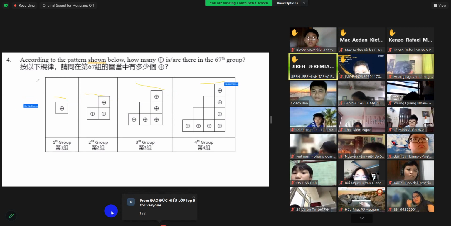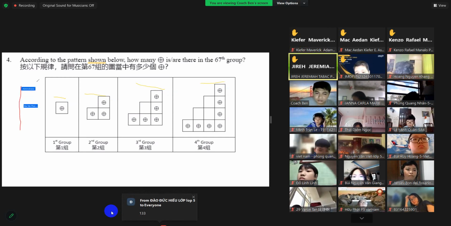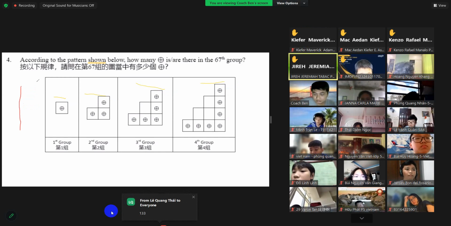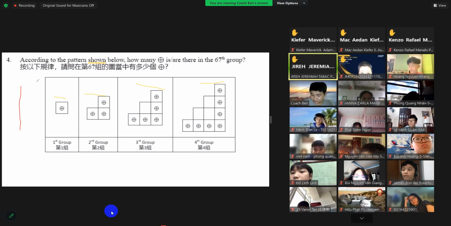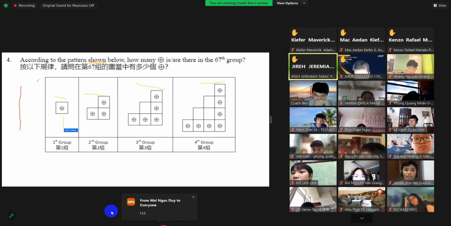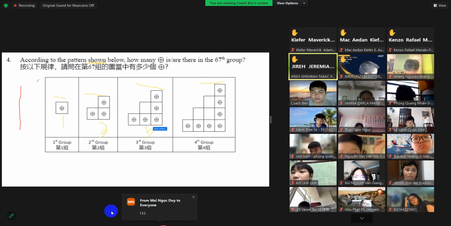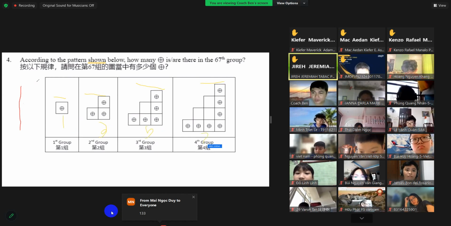So what you're gonna do is, the 67th group is an odd number because the symbols here are 1, 3, 5, and 7. Okay.